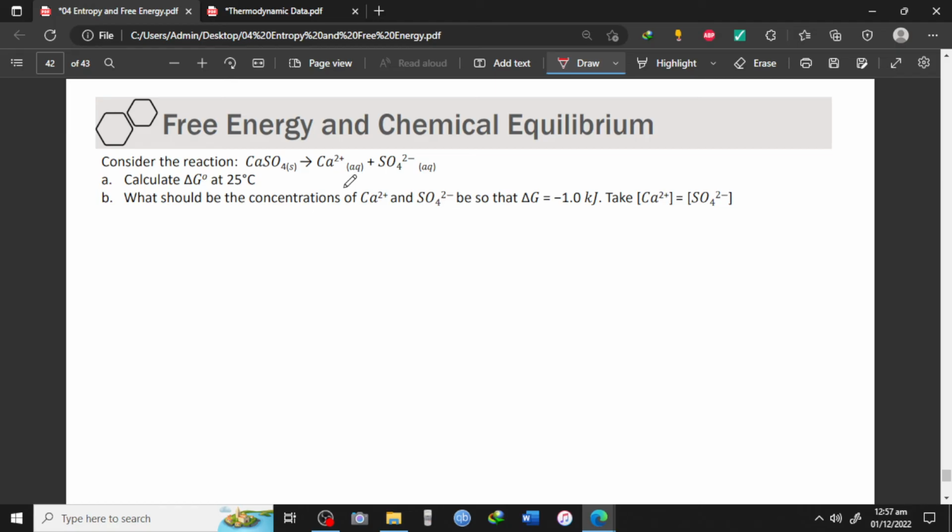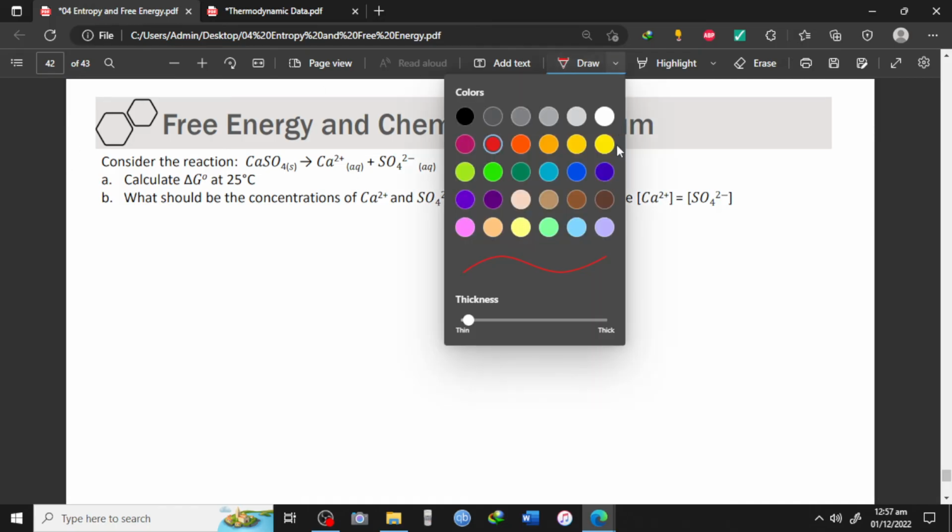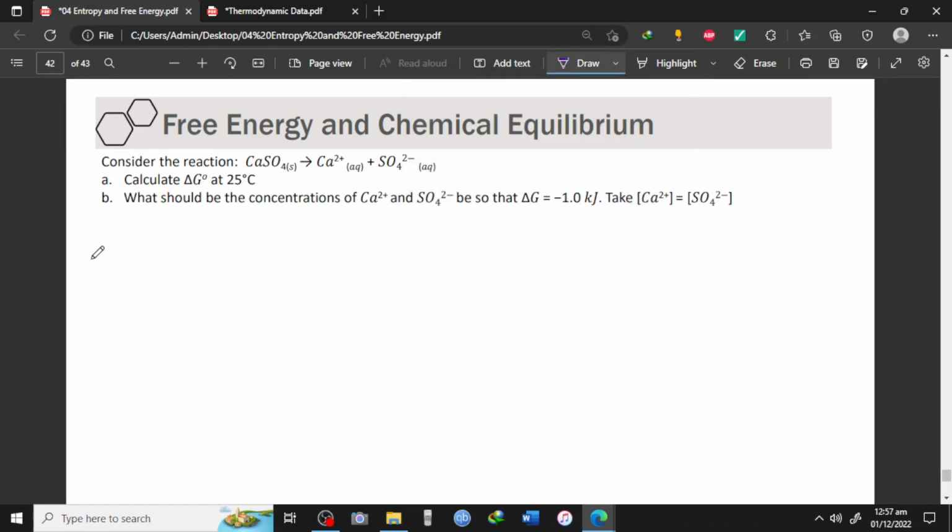What should be the concentration of calcium and sulfate? Okay, so B, so that delta G is equal to negative 1 kilojoule. Take calcium 2 plus is equal to sulfate. Okay, so meaning, pinapahanap sa atin dito yung concentration ni calcium and ni sulfate. But anyways, focus muna tayo sa letter A.